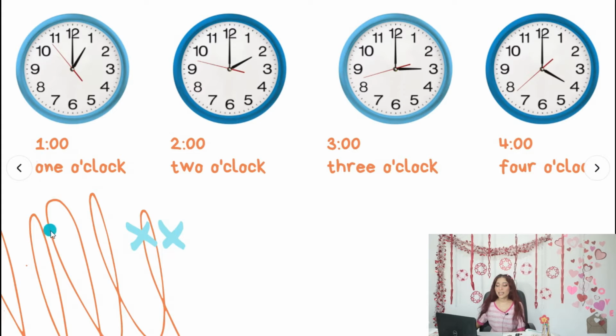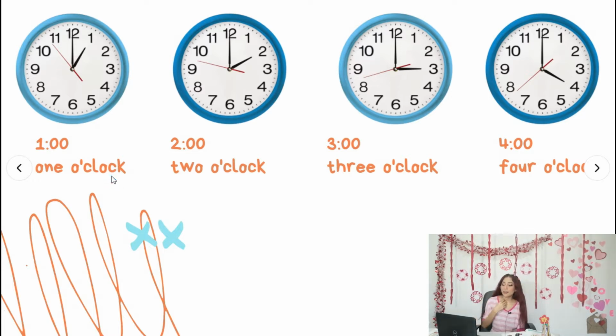So let's check. O'clock is spelled like this: O, apostrophe. This little line is called an apostrophe. C, L, O, C, K. Very good, excellent job.